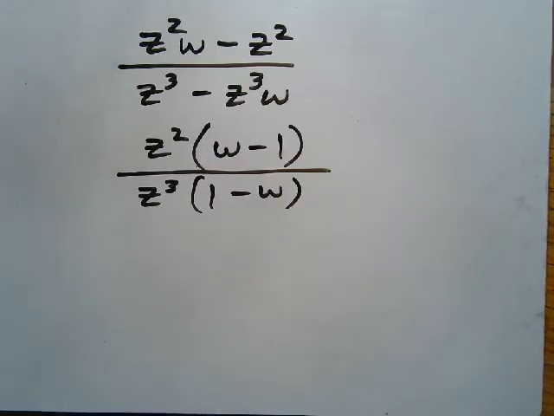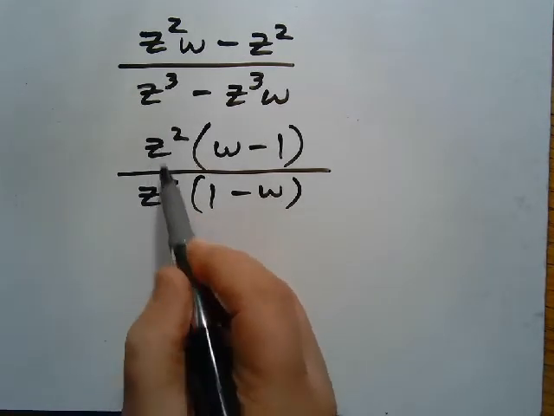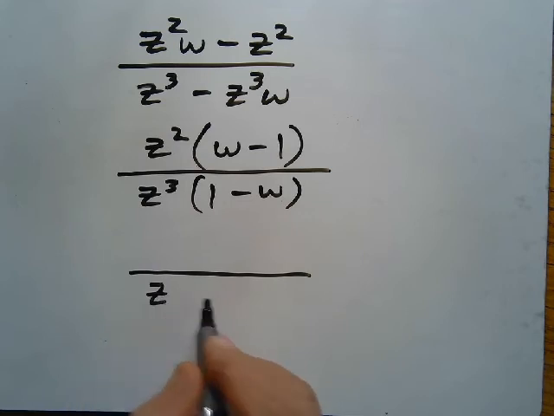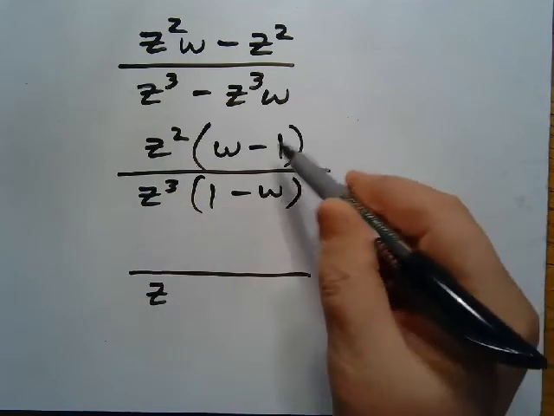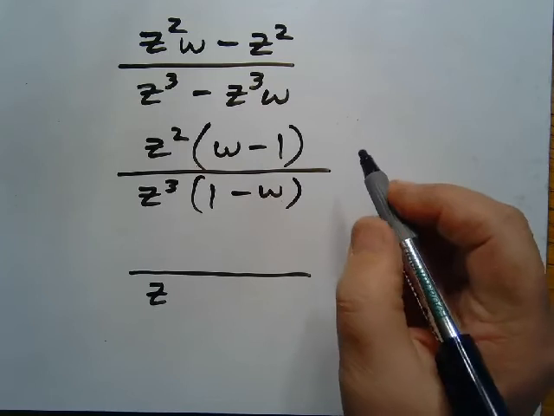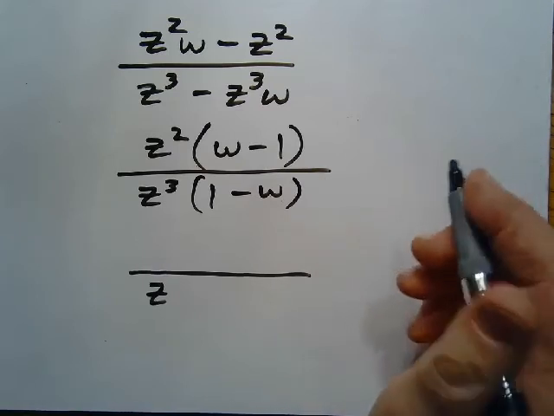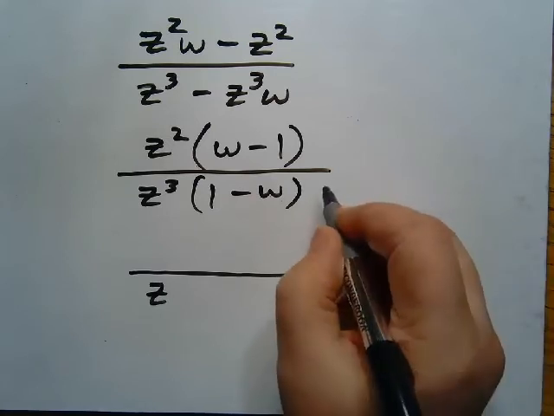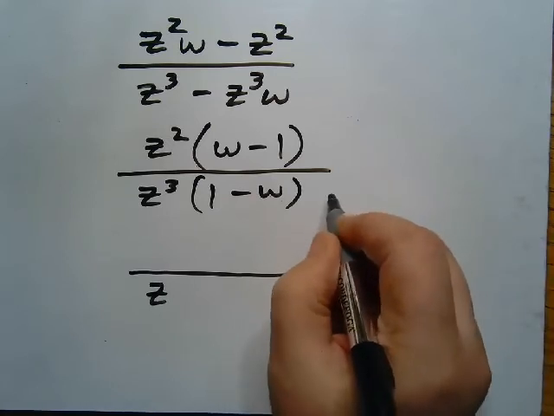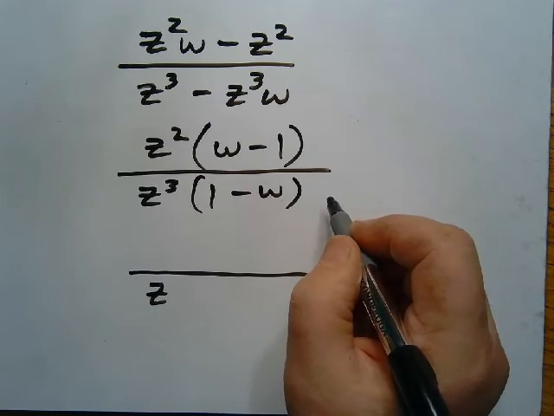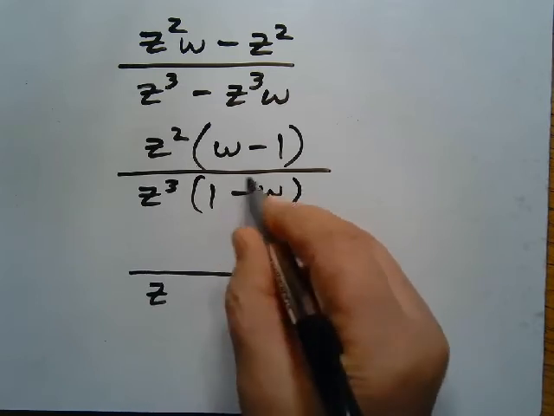Now, canceling is possible. You can see the canceling that's going to occur over here with z's. I can see that I'm going to end up with a z on the bottom. But since these are backwards, what I really think I ought to do is multiply negative 1 times this item here.